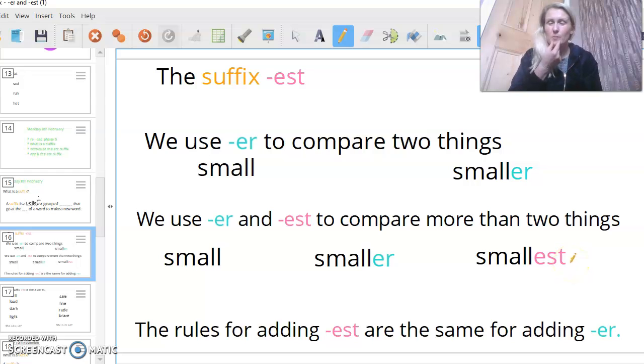Can you hear it? We don't say small s, smallest. Small, smaller, smallest. The rules for adding est are the same as for adding er, okay? So let's have a think about some of these rules that we might have had for er and we will apply them for est as well, okay?